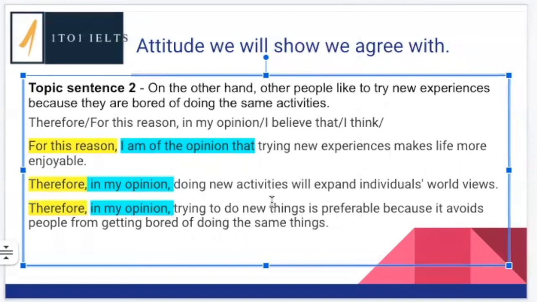The only thing I would change here is the word "thing". It's getting a bit repetitive and the word "thing" is really, really vague. So here, we throw that in there. "In my opinion, people trying to do these things is preferable because it avoids people from getting bored of doing the same activities." Okay.